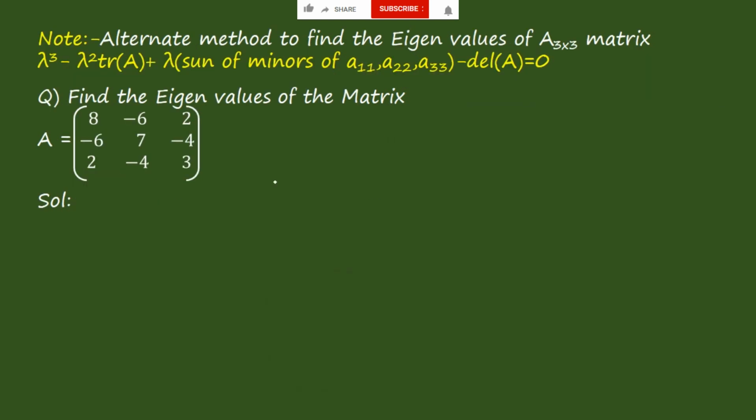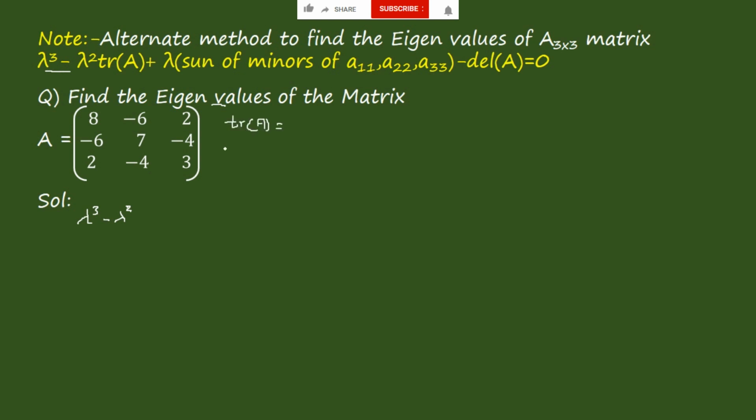Next question. The question is, we're defining the eigenvalues by using a shortcut method. In this particular question, they are asking to find the eigenvalues, right? Now we'll be using this particular formula to find the eigenvalues. It is given as lambda cube minus lambda square trace of A. What is trace of A?